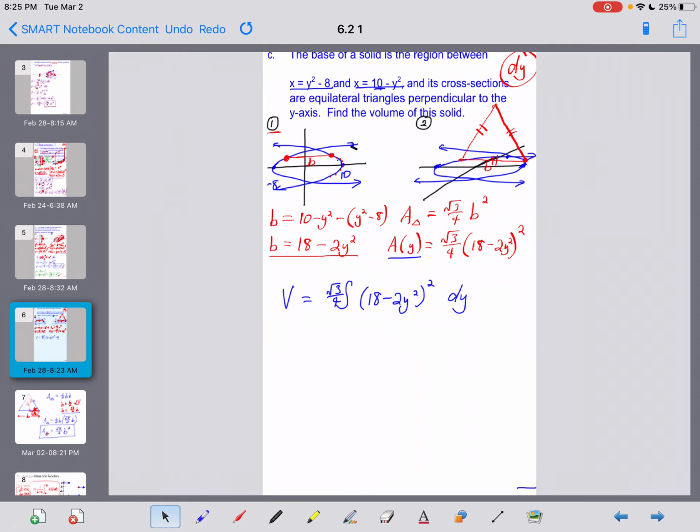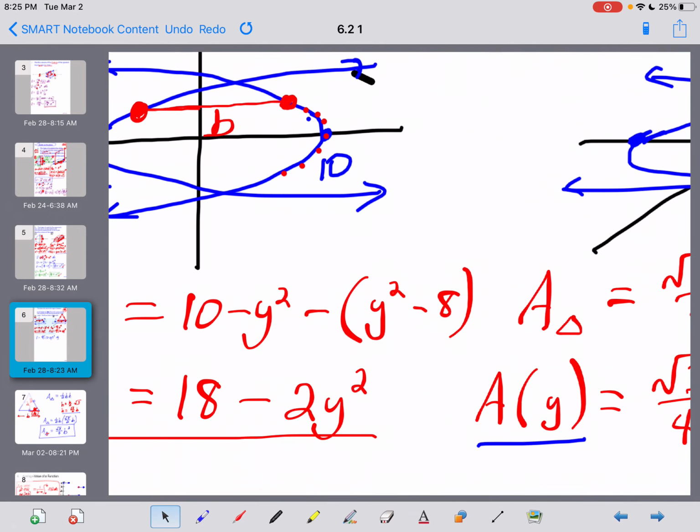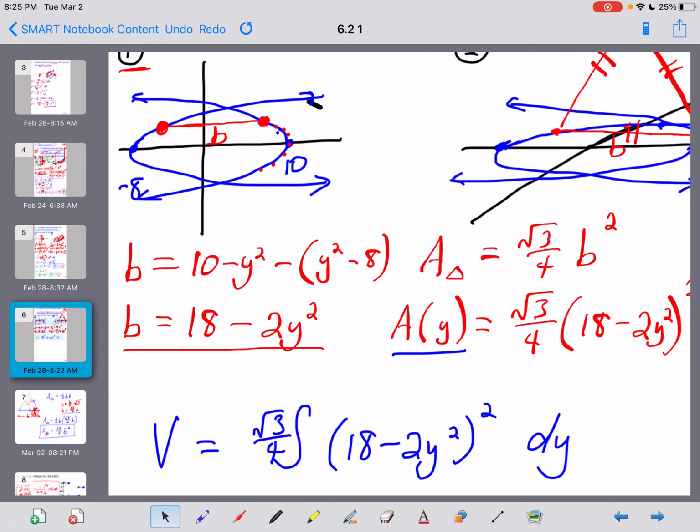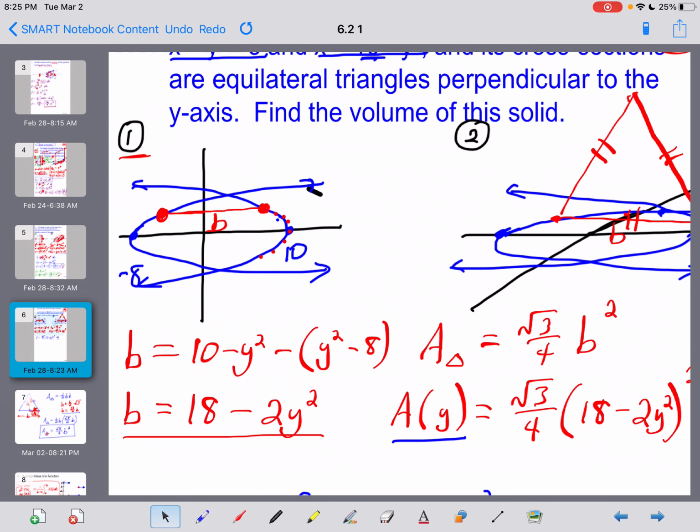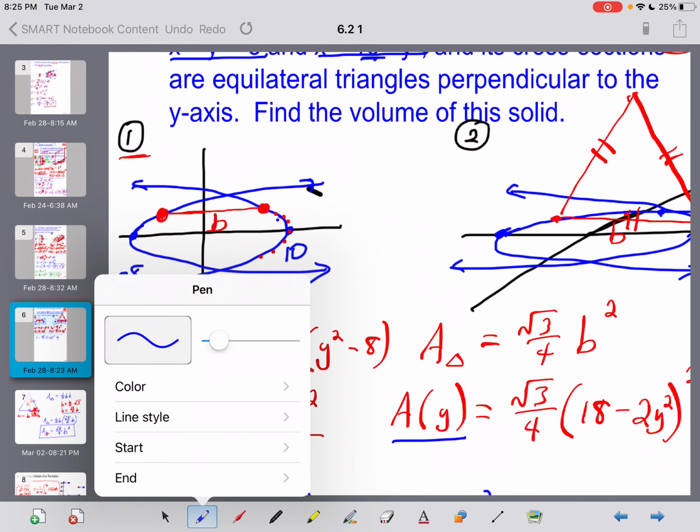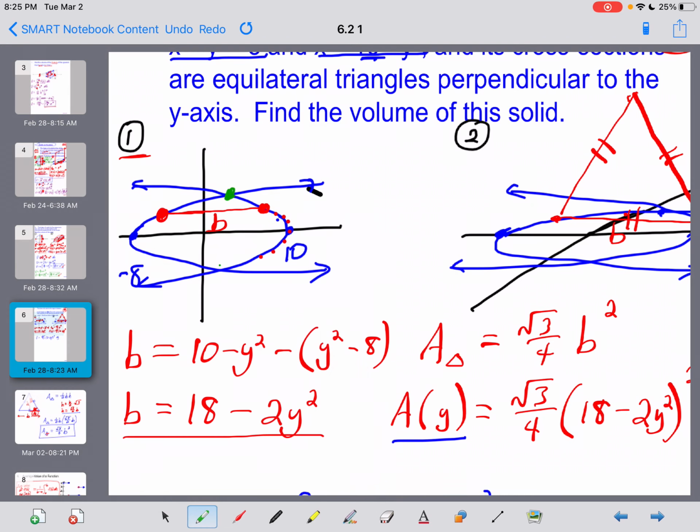So to do that, I better go back to my graph here, and we are trying to figure out where these graphs cross. So my points of intersection, one of them is going to be right here, one of them is going to be right here. And how do we do that? We take the two functions and set them equal to each other.